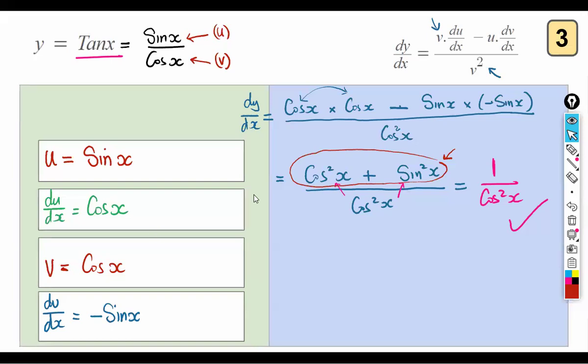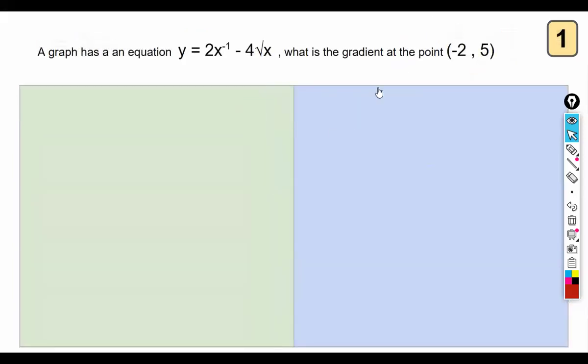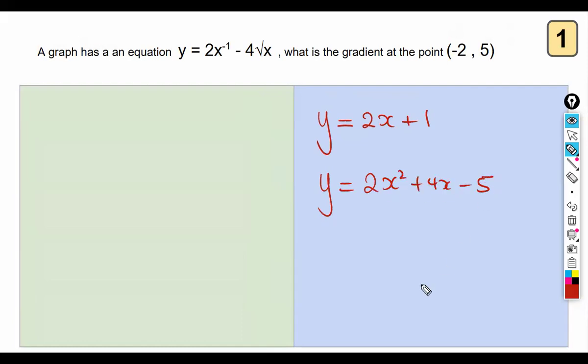So let's start off with a past paper style question, right? You have a graph, right? In school, sometimes they just ask you to draw a graph. Like, for example, the teacher will say, bring graph paper to school, and he will say, draw y is equal to 2x plus 1. Or he might give you a quadratic, 2x squared plus 4x minus 5.